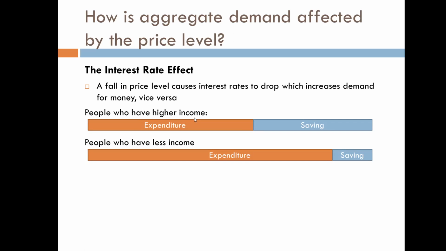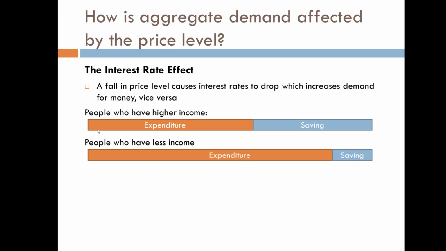If you have a higher purchasing power, or you can say a higher income, you can spend less on your expenditure, and the rest of the money you can put into saving. But if you have a higher price level, your value of money will decrease.